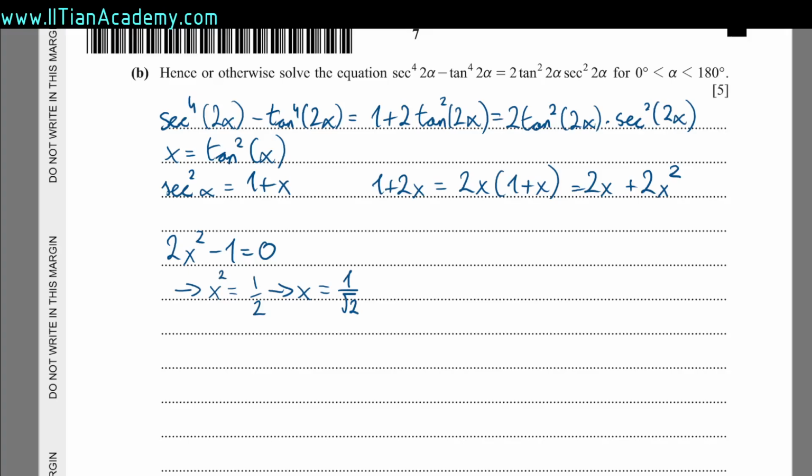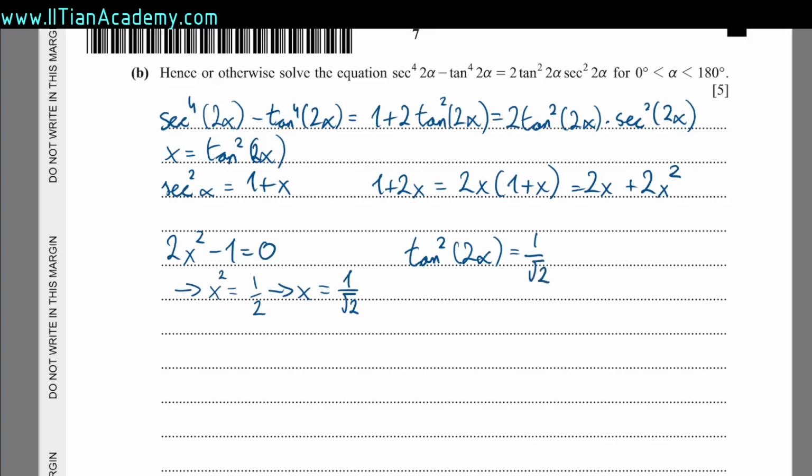Okay, so now we know what x is. And so what we can say here is that x is tangent squared 2 alpha. Obviously, that's the substitution we made. I just forgot to write a 2 here. So tangent squared 2 alpha. I obviously substituted these terms over here and not anything else. The tangent squared 2 alpha now we know is 1 over root 2.